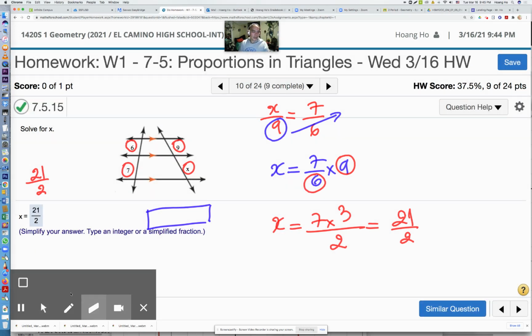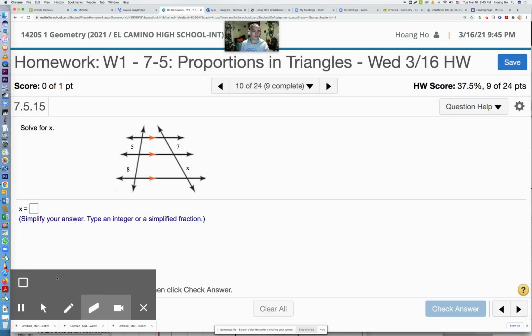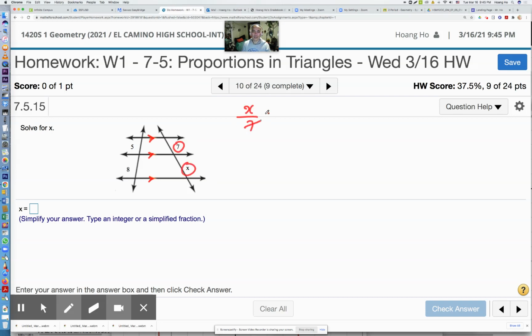Question number 10. Similarly, you got three parallel lines. Then the segments intercepted are proportional. So I set up x over 7 equal a over 5.